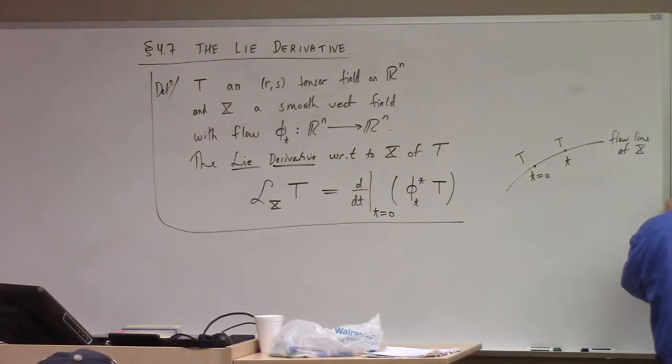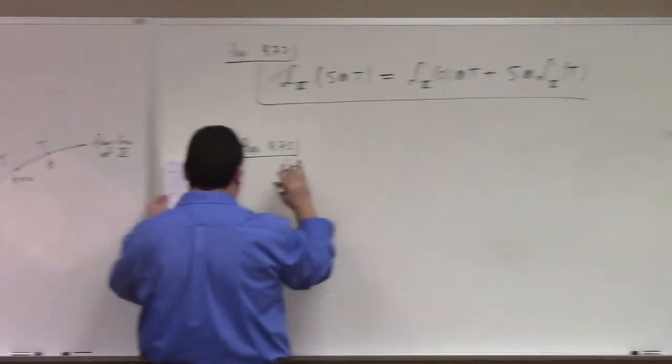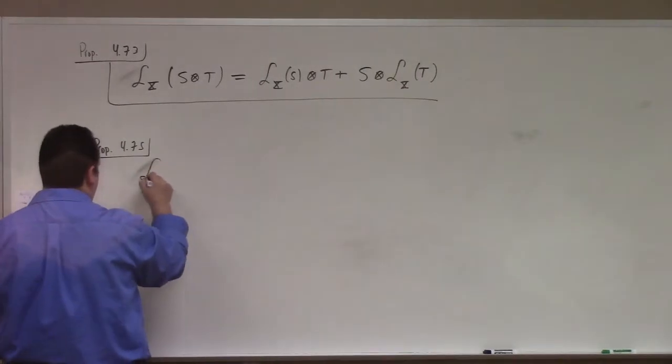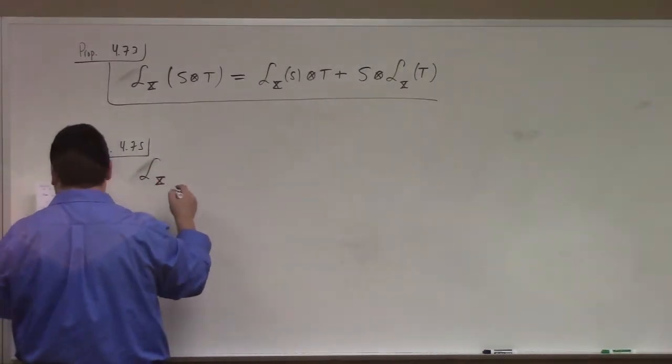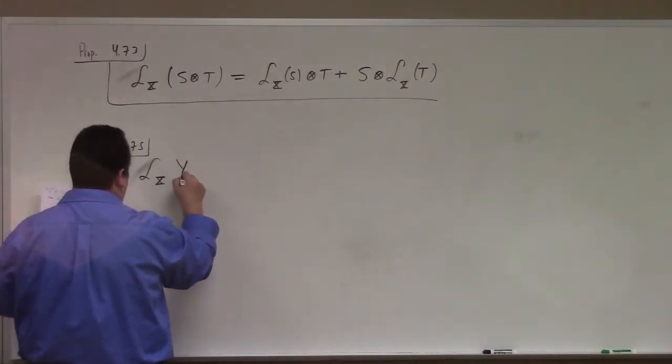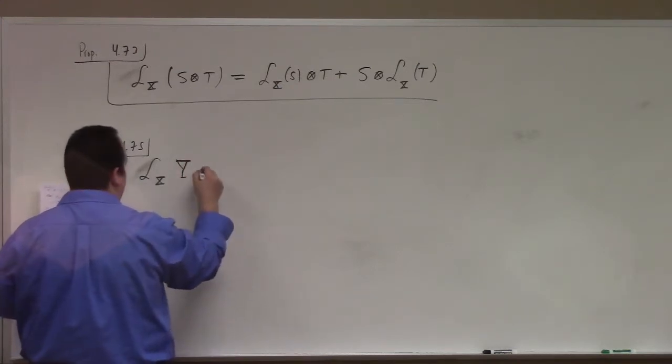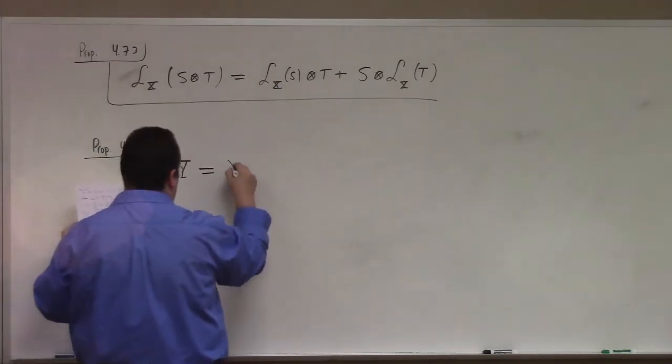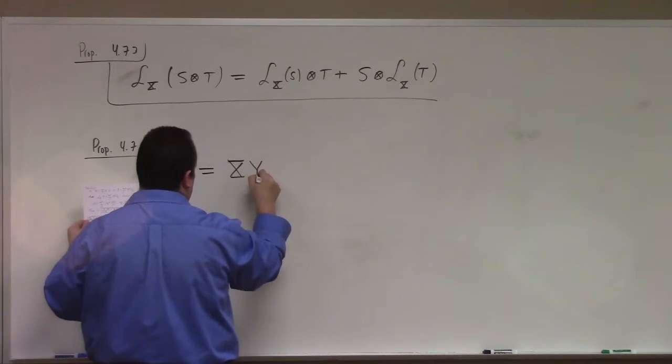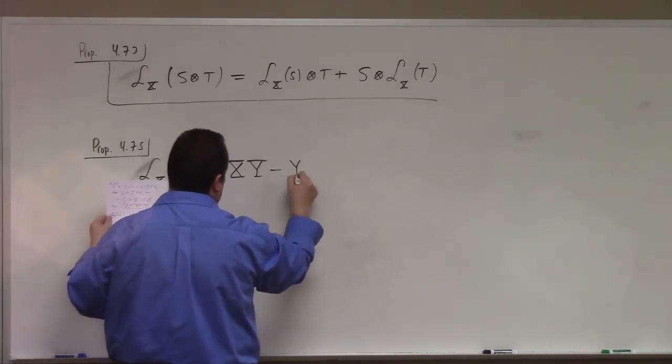In 4.75 here, we get that the Lie derivative, I keep doing that. I'm trying to use that L, not the other one. The Lie derivative in the direction x of a vector field y is given by xy minus yx.